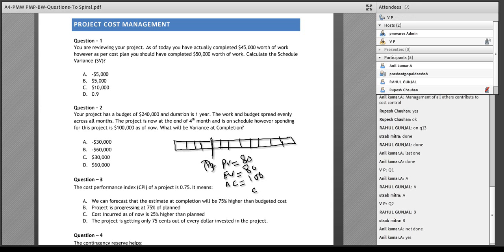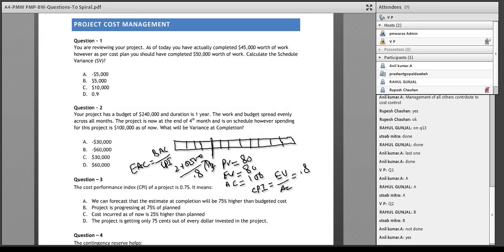Now CPI is 0.8, right. Then the EAC will be BAC upon CPI, so 240,000 divided by 0.8.